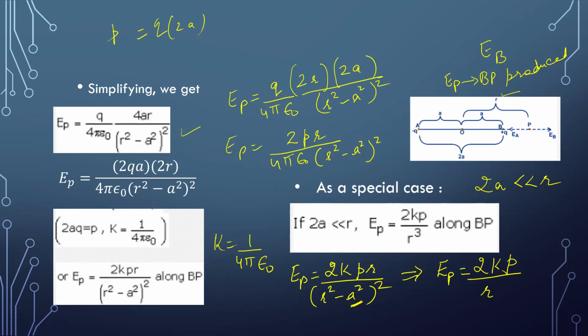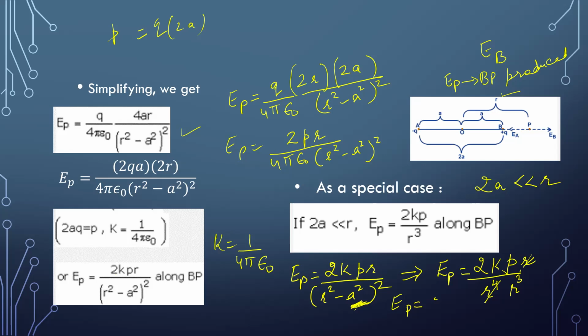I will show it to you. This is r, and this is r raised to the power of 4, because 2A is much smaller than r, so A is neglected over here. You get (r square) whole square, that is r raised to the power of 4, and this r and this one r over here cancel and you are left with r cube.